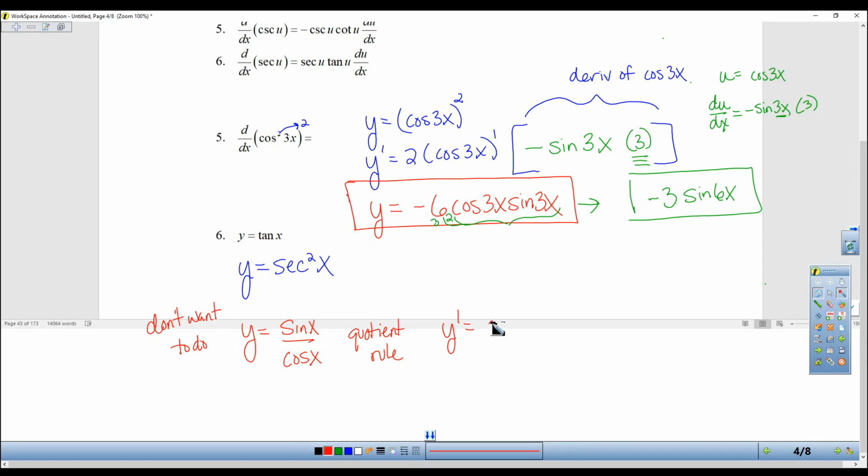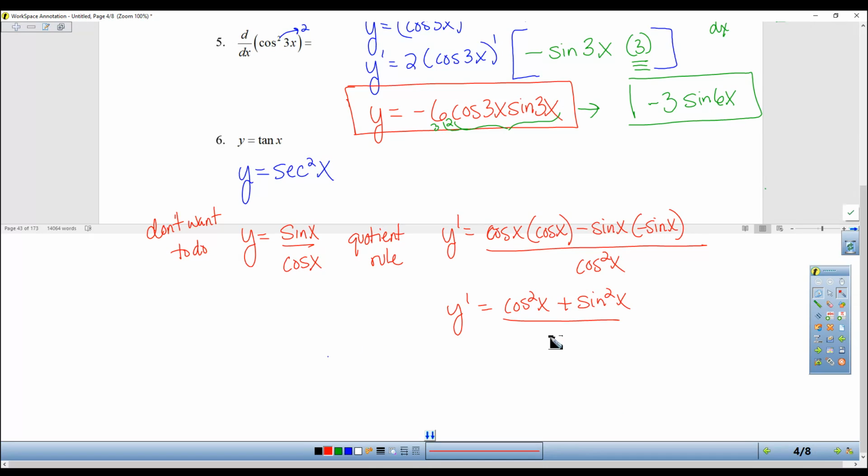Y prime would be the bottom times the derivative of the top minus the top times the derivative of the bottom, all over the bottom squared, which became cosine squared x minus, plus double negative, sine squared x, all over cosine squared x.